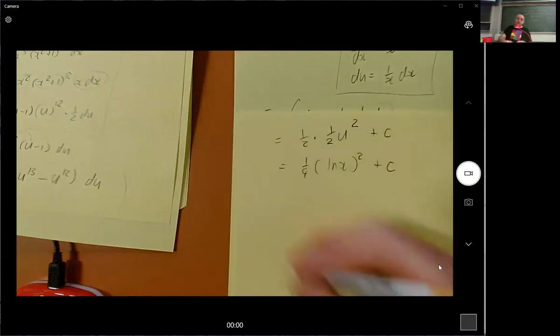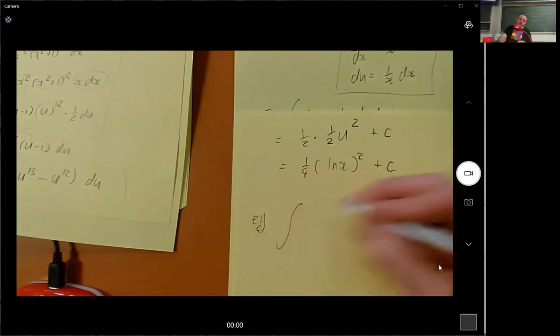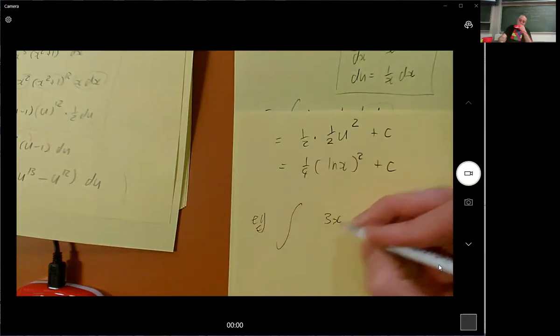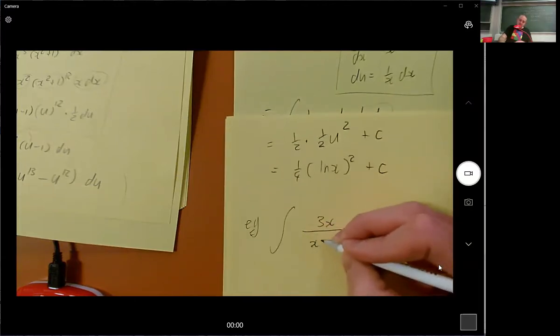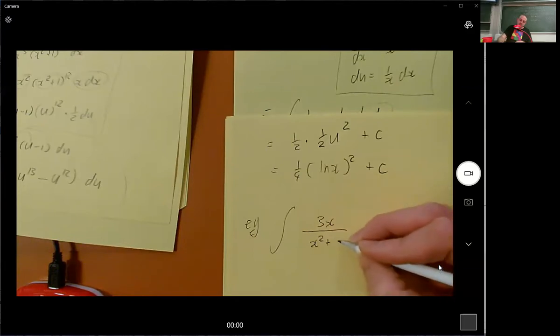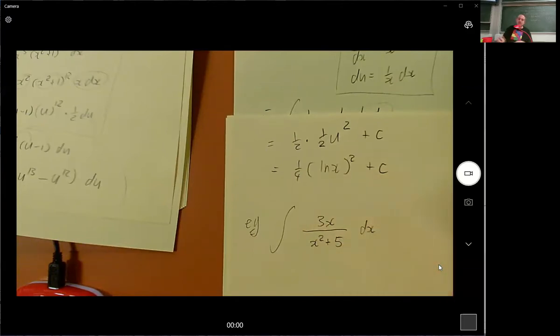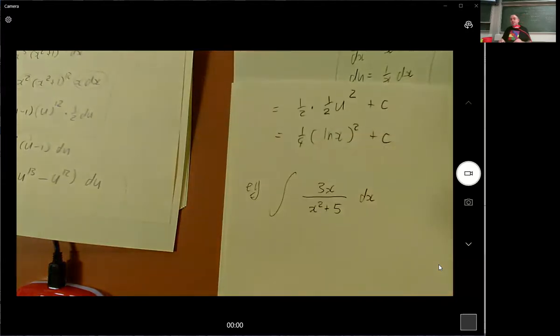All right, I'm going to do a similar one. So can't rewrite that in a useful way, right?